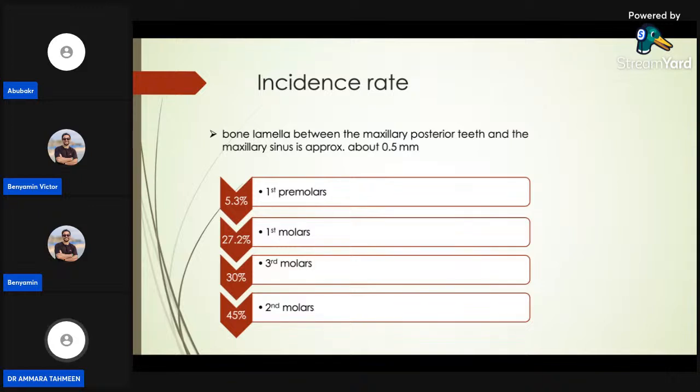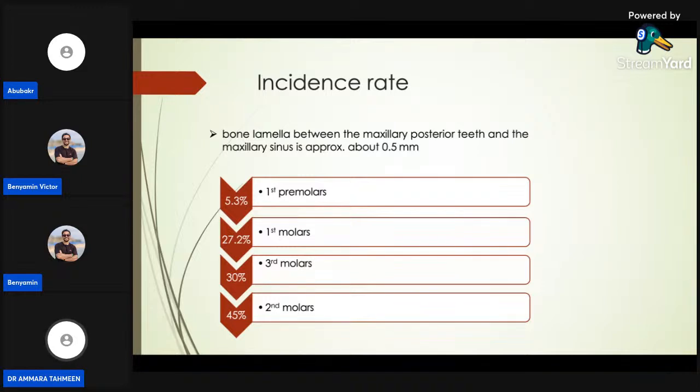while 27.2% incidence is seen in the first molars, and 30% in the third molars. Most commonly it is encountered during second molar extraction, around 45%, because the palatal root of the second molar is closest to the floor of the sinus.